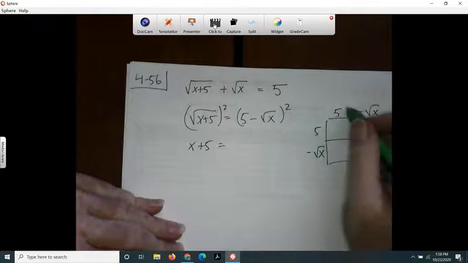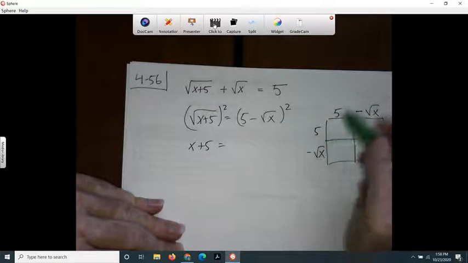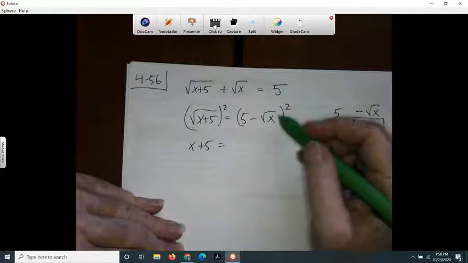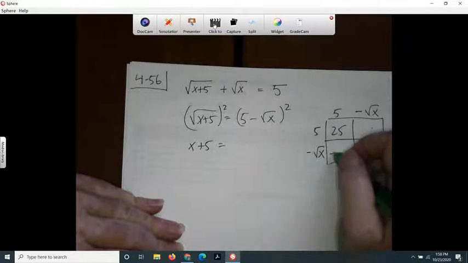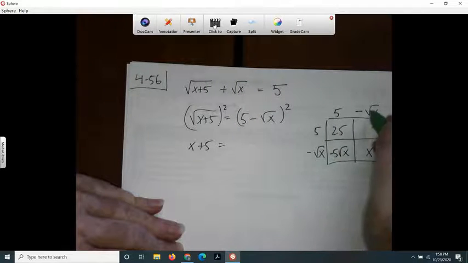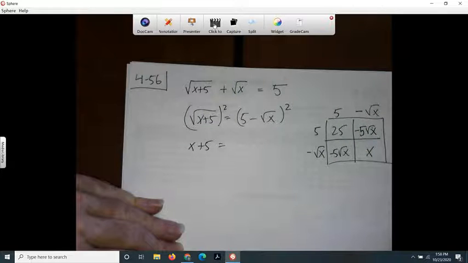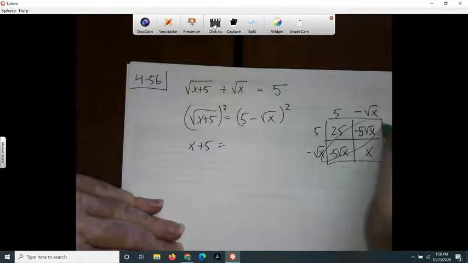This squared gives me the 25, and this squared gives me the x, but then there's these other 2 things you're going to get. You're going to get negative 5 root x, and this other negative 5 root x, which I can add together and get negative 10 root x.